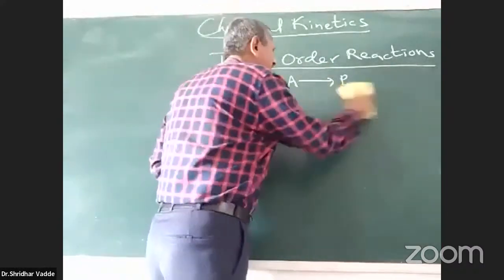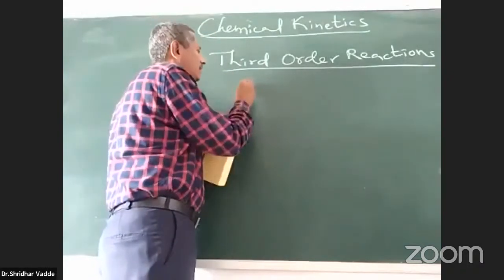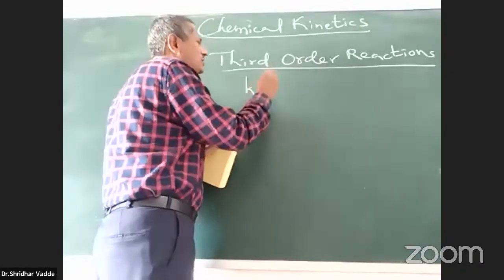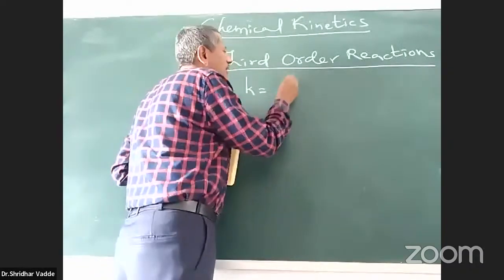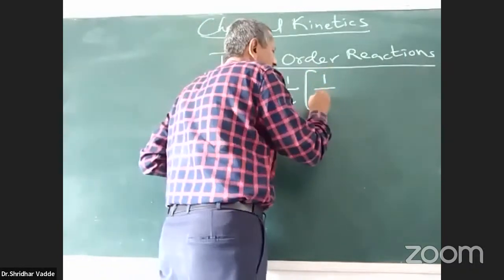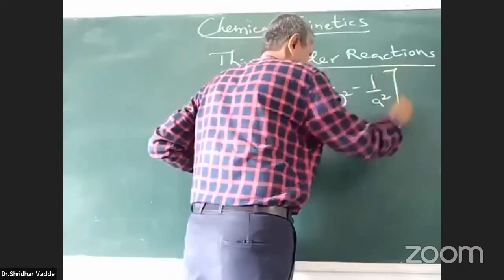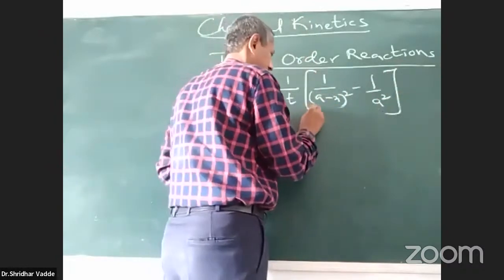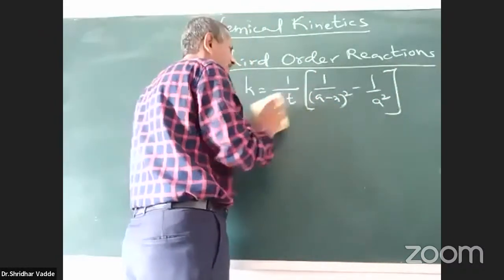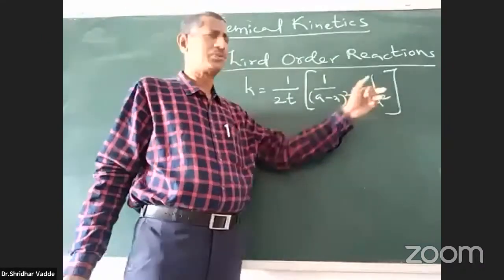For third order reactions, the integral rate constant is given by K is equal to what? 1 by 2T into 1 by A minus X whole square minus 1 by A square.